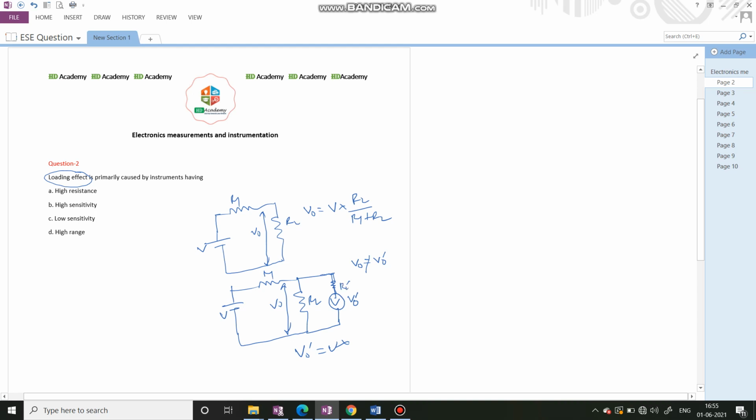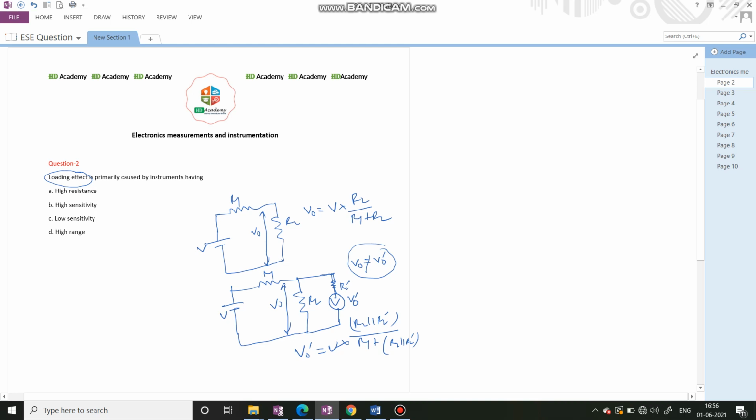Suppose this is R2 dash. So this voltage V0 and V0 dash will not be the same. That means the loading effect is the effect on the output voltage due to this resistance. This is called loading effect.